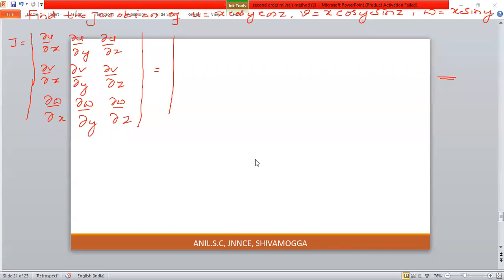Del u by del x. Differentiate u partially with respect to x, treating y and z as constants. The derivative is cos y cos z. Next, del u by del y. x is constant, cos z is constant.